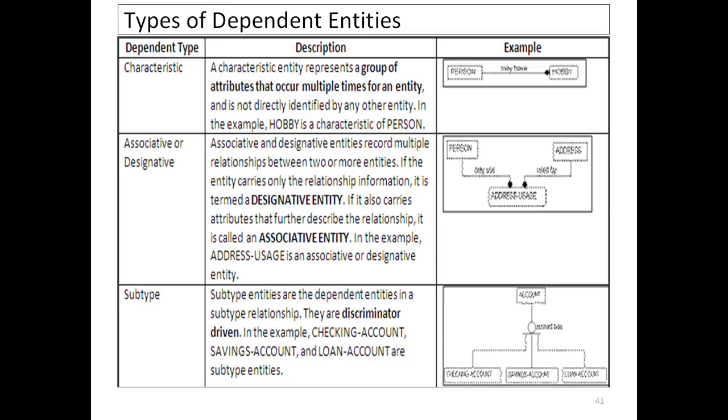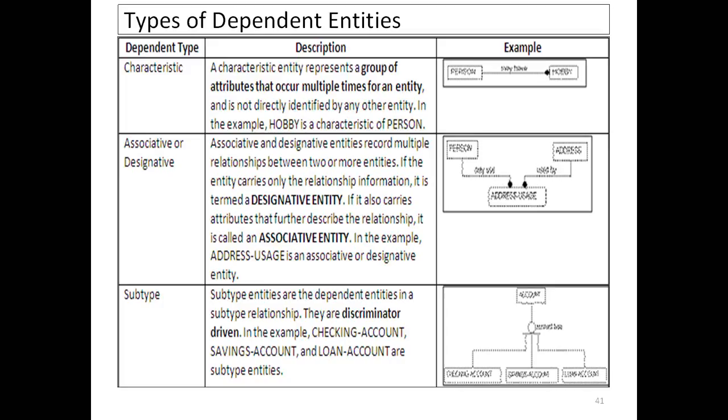However, if the address usage also has other attributes like type of accommodation, that is, a particular person staying at a particular address will have a type of accommodation, let's say permanent, while the same person staying at some other address may have a type of accommodation called rental or a PG, which states the characteristics of the relationship between the person and the address. So this would be designated as an associative entity.